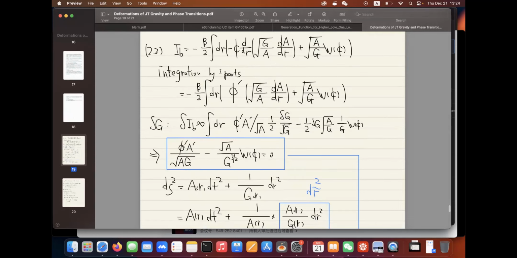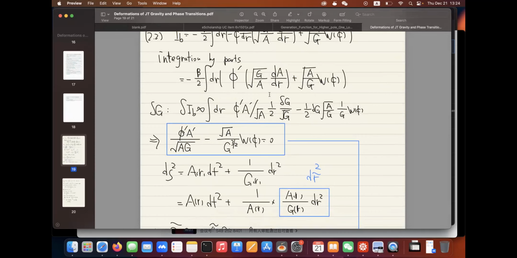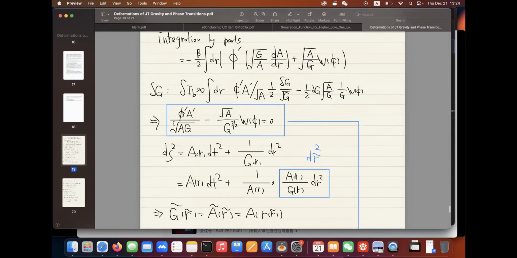Then we can integrate by parts, which means you notice that there is a derivative over R, so it can be moved to act on phi. So phi becomes phi prime. Then it's quite easy to study the equation of motion by varying g. So we are using this formula. Okay, you got the first equation of motion.